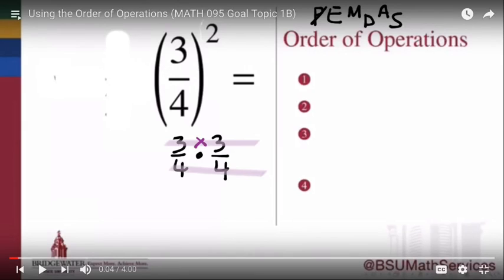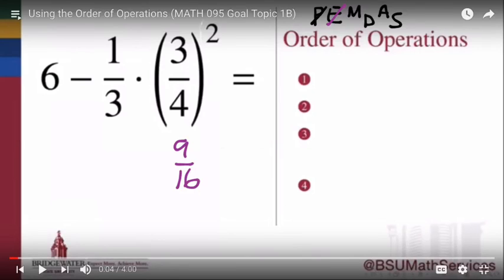So the numerator of the product is 3 times 3, that's 9. The denominator of the product, 4 times 4, is 16. So the result of squaring 3/4 is that I get 9 over 16. And now the exponents part in my PEMDAS story is all set, because now my expression will have no exponents left over. Let's take a look to remember what else was there.